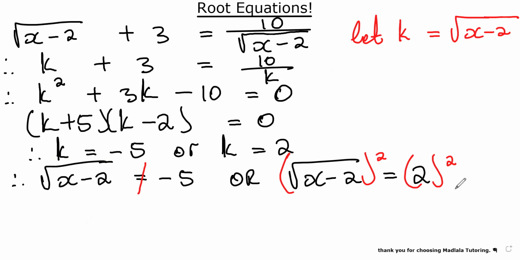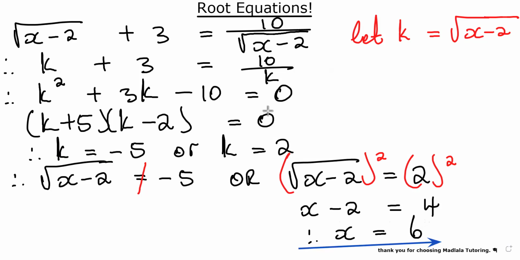Then you have x minus 2 equal to 4. This would mean that x equals positive 6, which is the same 6 that we got when we did it the first time. Do you see that? Of course it is.